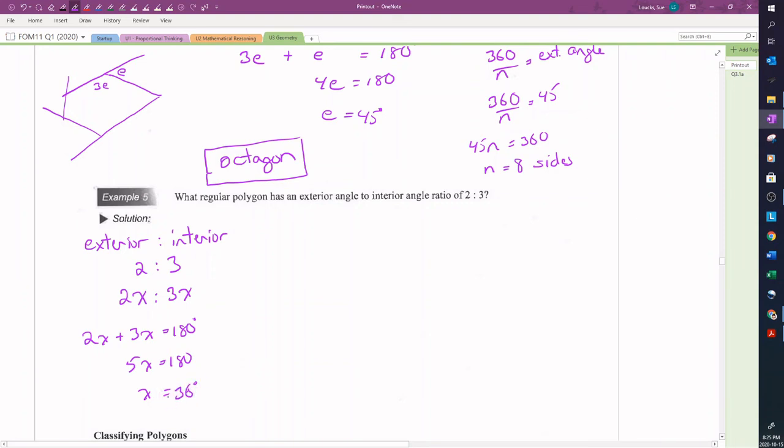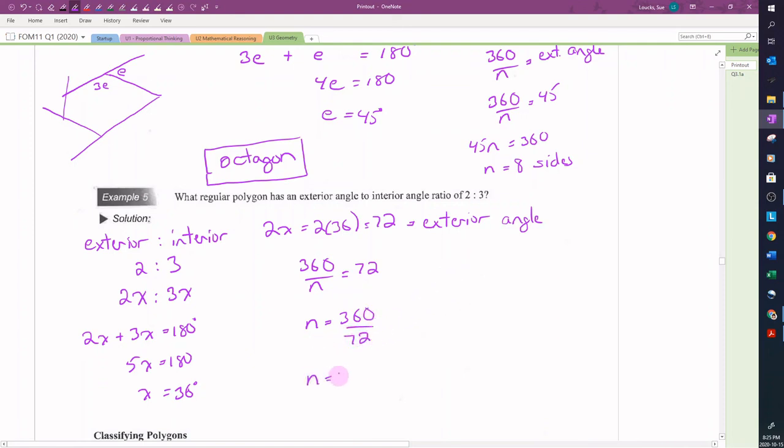Now, that's not actually the size of one of the angles. I now need to go 2x is 2 times 36, which is 72. So that's my exterior angle. And since 360 divided by n equals 72, then n equals 360 divided by 72.